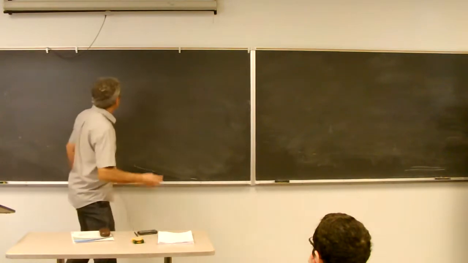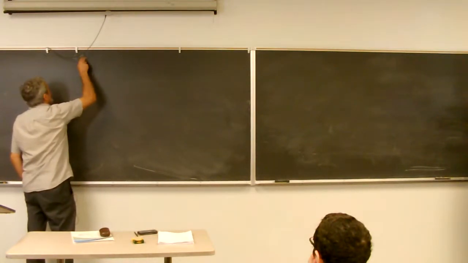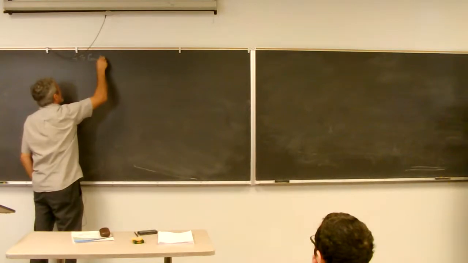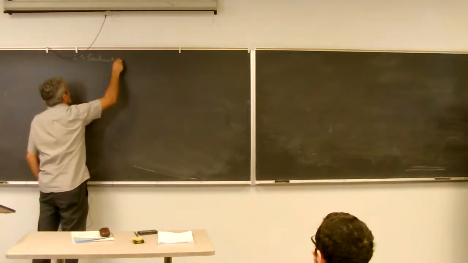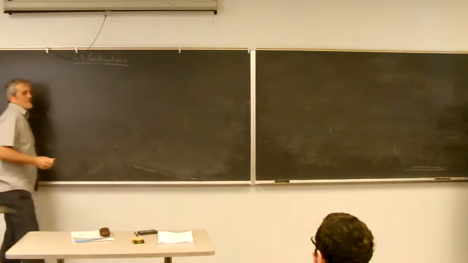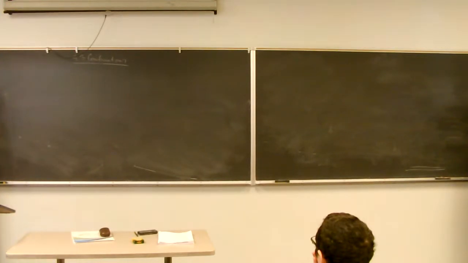So section 4.3, combinations. Today we want to talk about the symbol C(n,r).